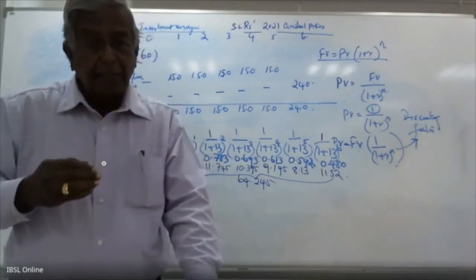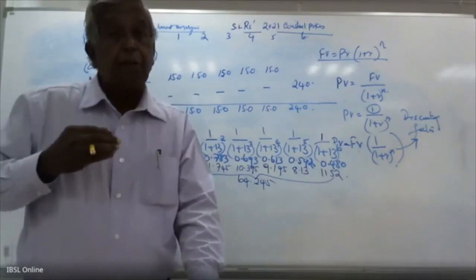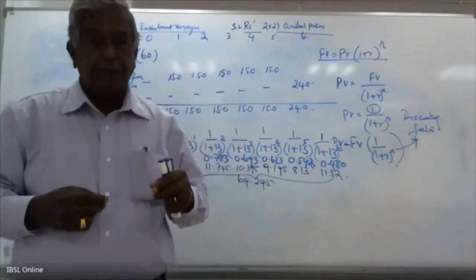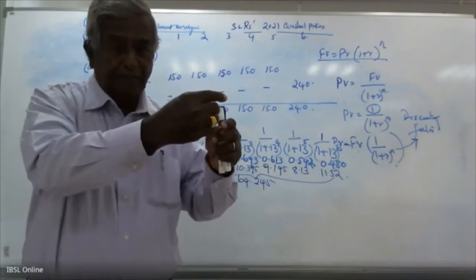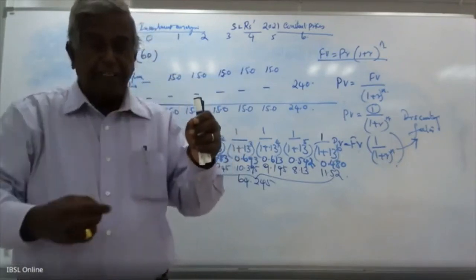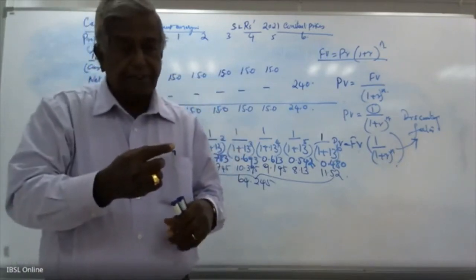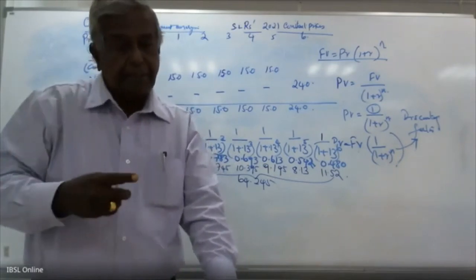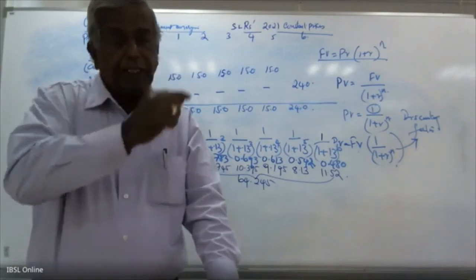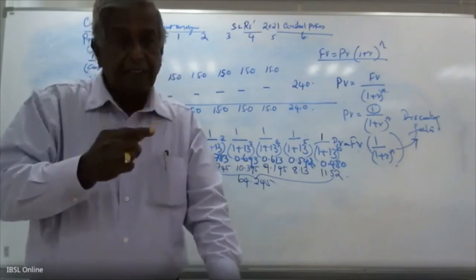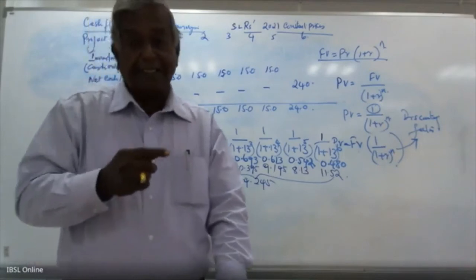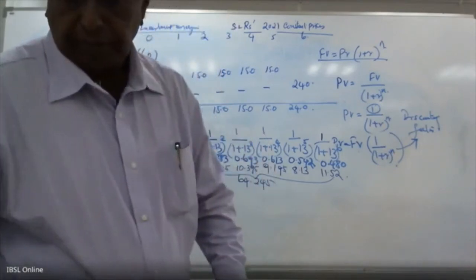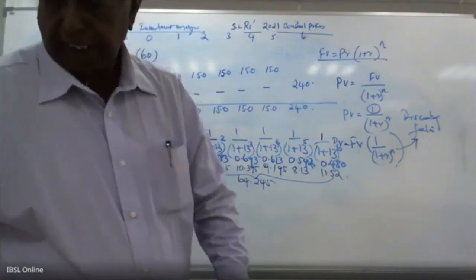At 13%, the NPV is positive. From negative to positive, in between there may be a zero point. So between 18% and 13%, at some point the NPV may be 0. We see that from now. I'm erasing this.